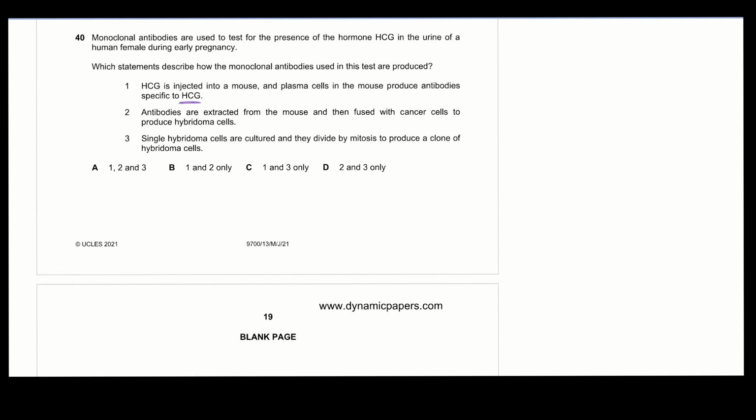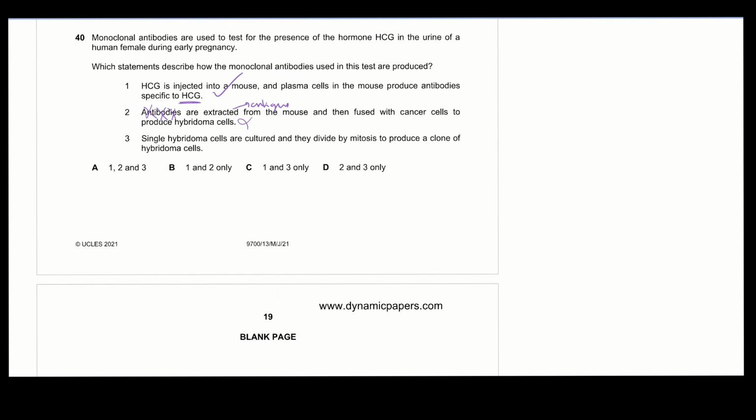This is correct because plasma cells secrete antibodies. 2. Antibodies are extracted from the mouse and then fused with cancer cells to produce hybridoma cells. Antibodies is incorrect. It's supposed to be antigens. Antigens is what stimulates an immune response in the mammal, not the antibodies.